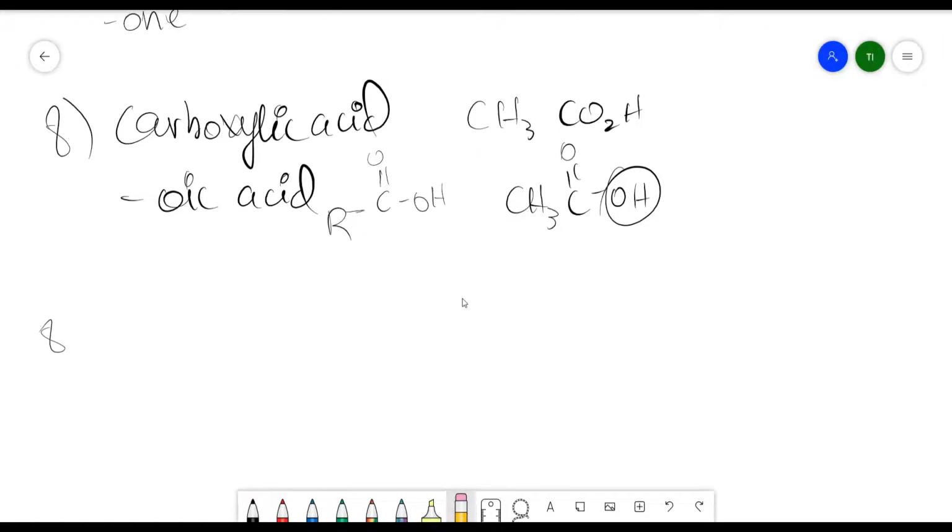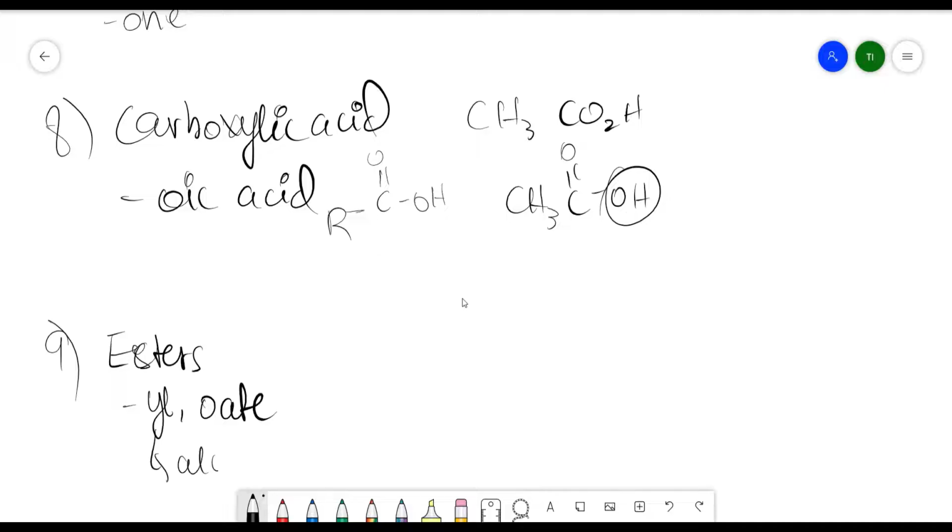Sorry, not 8, 9. Number 9 is esters, and it's a derivative of carboxylic acids, and it's yl-oate, right? The yl is the name taken from the alcohol, and the oate is the name taken from the acid.